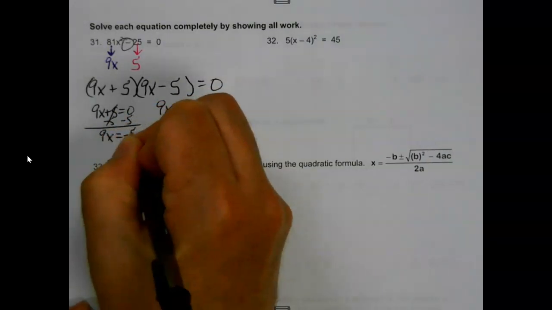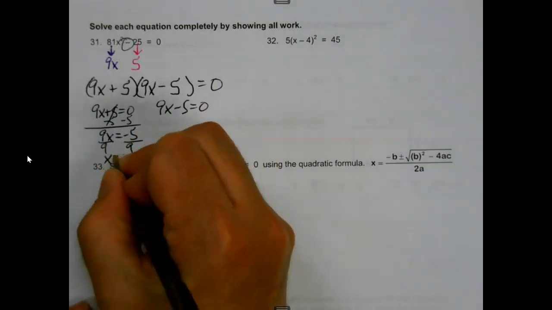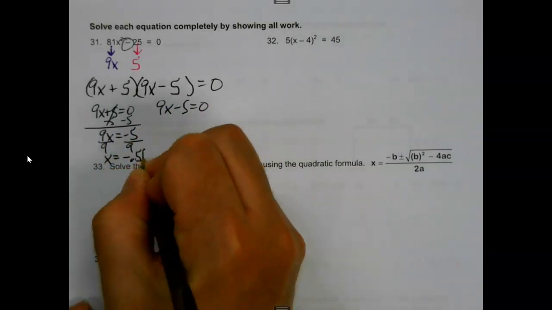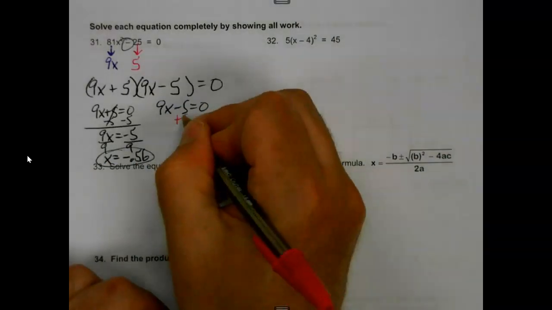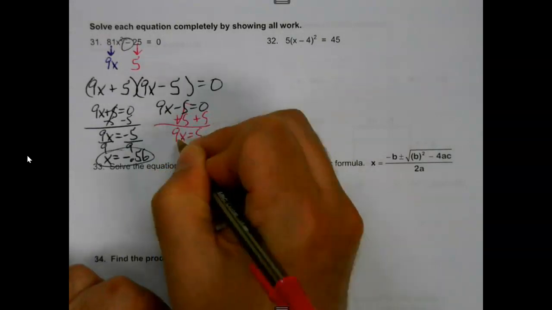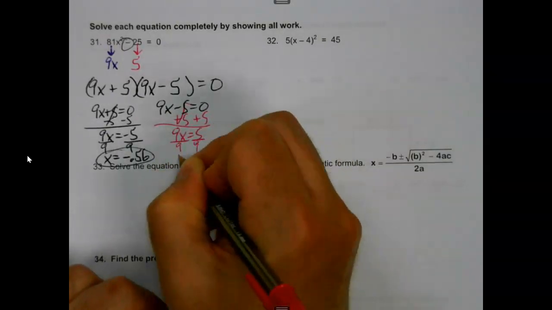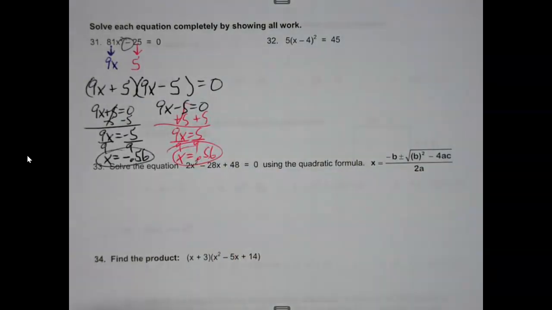Again, fraction, decimal, Hardy's perfectly content. Again, if you went to 0.6, if you left it as a fraction, I'm good.